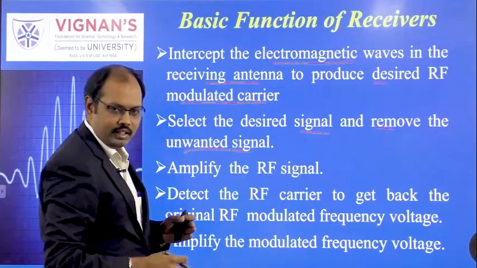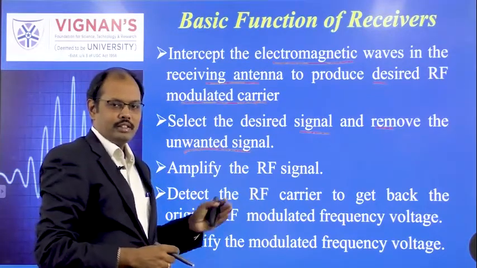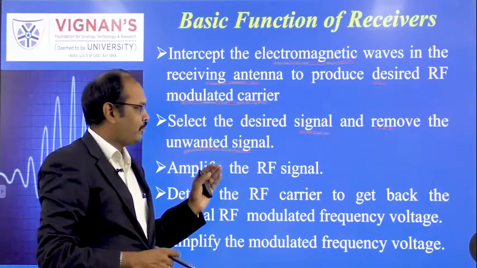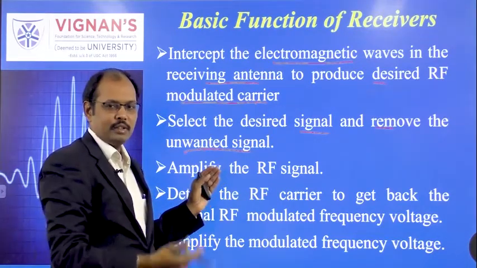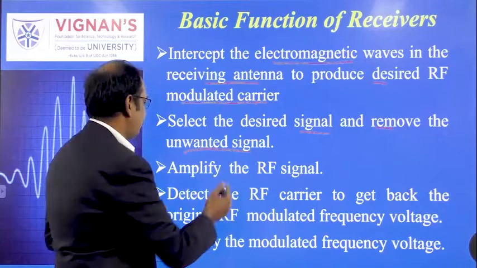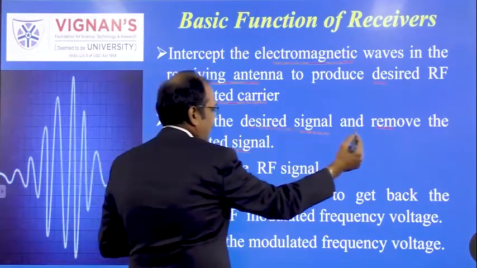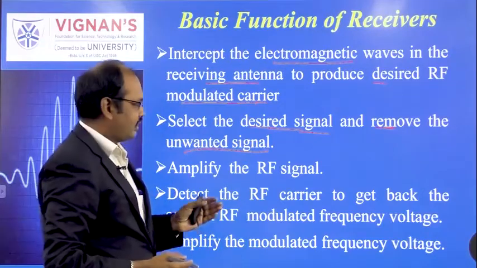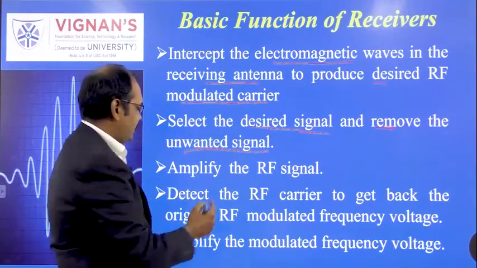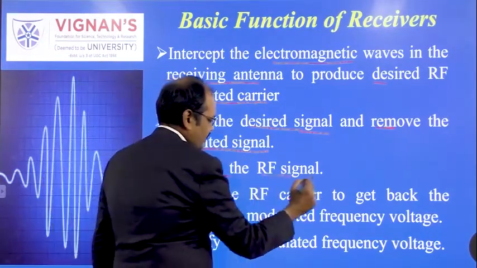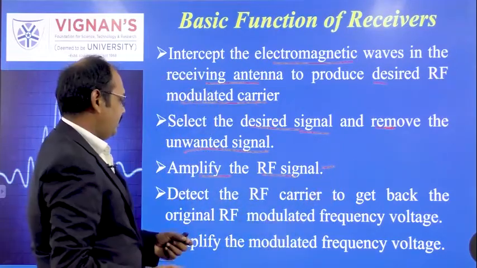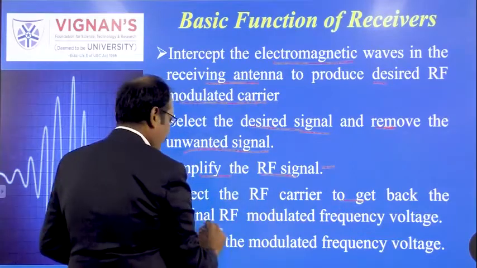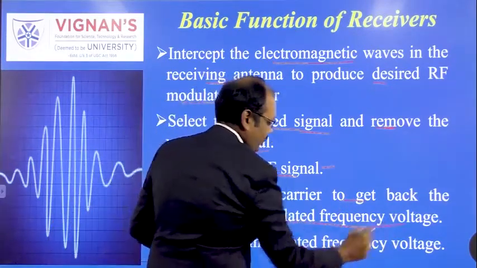The receiver receives many signals, so it has to select the proper signal and remove the unwanted ones. After selecting the desired signal, it must be able to amplify that RF signal, and it has to detect the RF carrier to get back the original modulated frequency voltage.